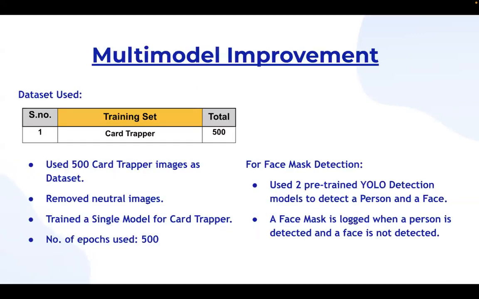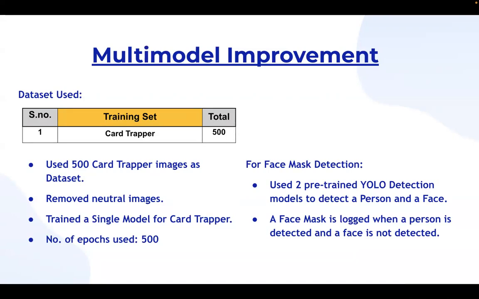So this is the multi-model improvement. Here we are training the card trapper with just 500 images alone, and we removed even the neutral images. We are using 500 epochs to do this, and we got a better accuracy. For face mask detection, we took a separate, unique approach. Here we used two pre-trained YOLO detection models to detect a person and a face. We use separate business logic to do this.